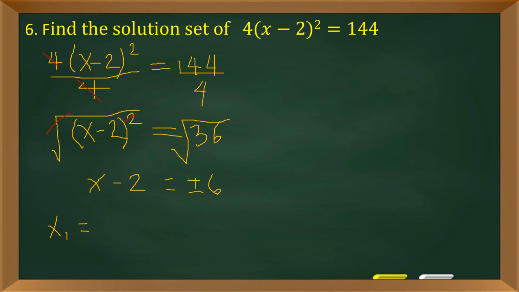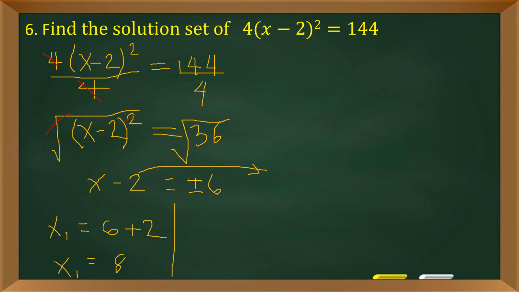Understood na positive na yan kasi walang sign. Then, si 2, syempre, iniwanan niya mag-isa si x. Napunta ulit dito sa right side of the equation. So, magiging positive 2. So, therefore, our x of 1 is equal to positive 8.